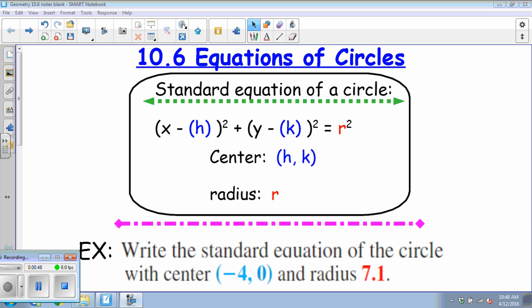You need to recognize that the standard form is x minus the x coordinate. When you're looking at an equation that's already in standard form, realize that, for example, if the center was -2, -3, this is h and this is k.